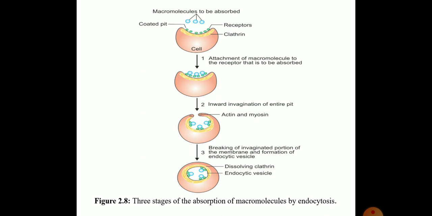The macromolecules attached to the receptors, which are to be absorbed, along with the receptors undergo invagination to form an entire pit. Then breaking of the invaginated portion of the membrane and formation of the endocytic vesicle occurs. So this is how clathrin mediated endocytosis occurs.